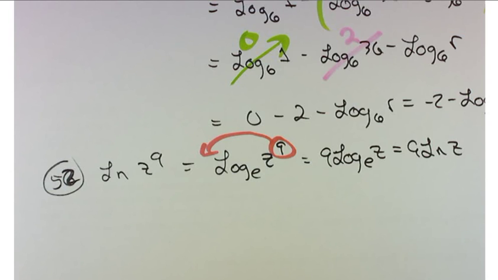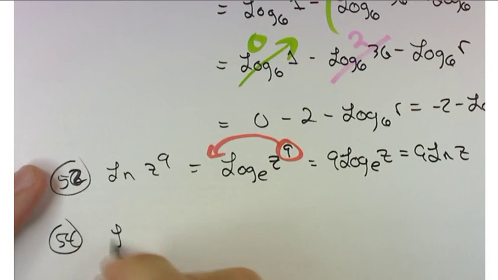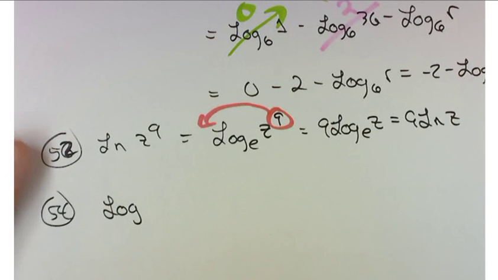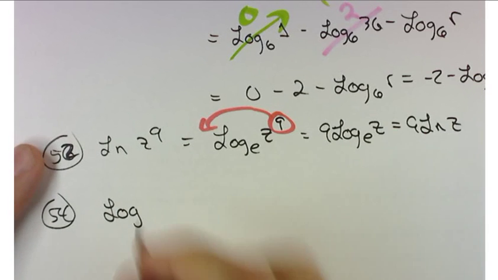Let's try a couple more with the power rule, and then some that are kind of all together. Next one would be problem number 54. Log of the cube root of 7.